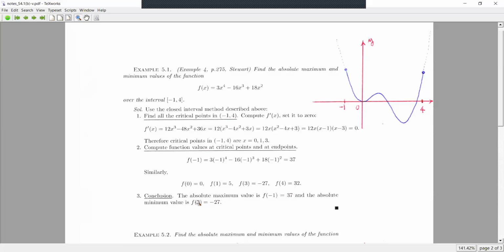So this is the lowest point of the portion. The location is x is 3, and the function value at this point is -27. So over this interval, the smallest function value is this, and the largest function value is this.